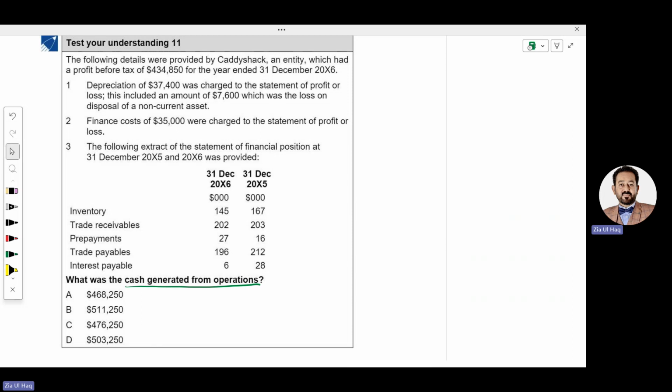We need to add back expenses relating to investing and financing activities, as well as non-cash items. We need to deduct incomes relating to investing activities. We add or less working capital changes to arrive at cash generated from operations.